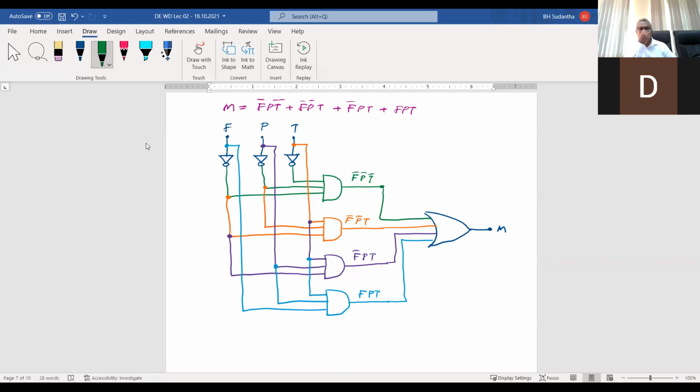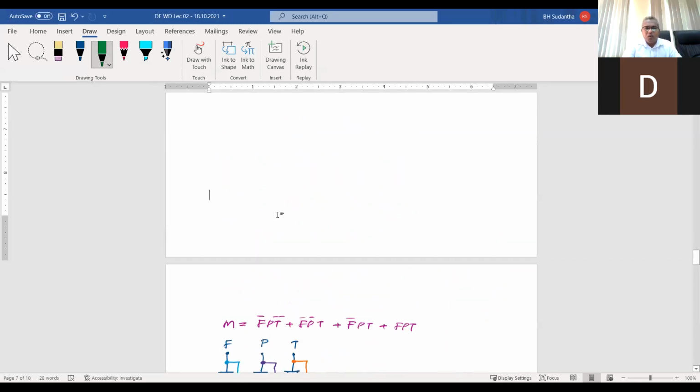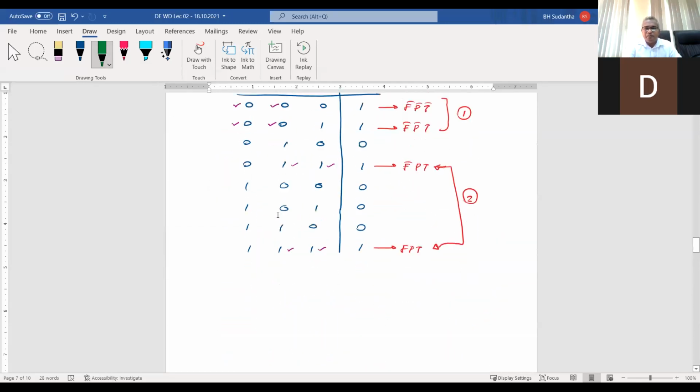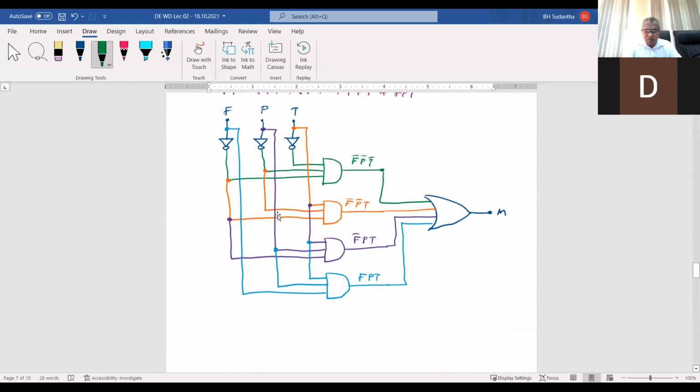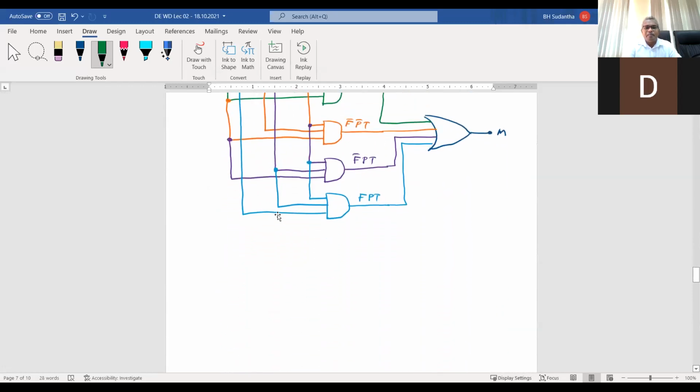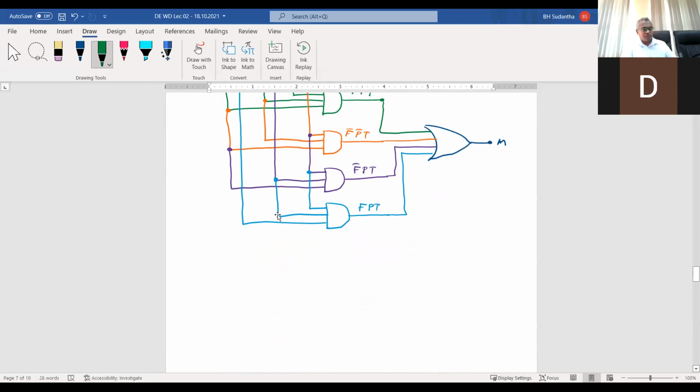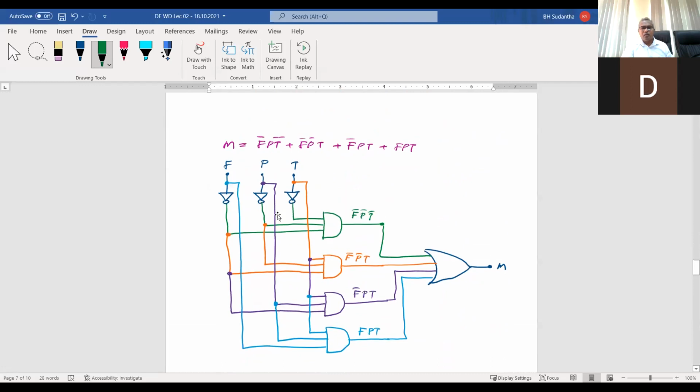Okay, this is the circuit we can draw as the solution of this problem. I think now you can remember all these things maybe. Is it okay?